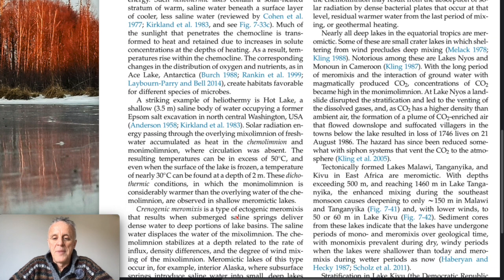With the long period of meromixis and the interaction of groundwater with magmatically produced CO2, the concentration of CO2 became high in the monimolimnion.